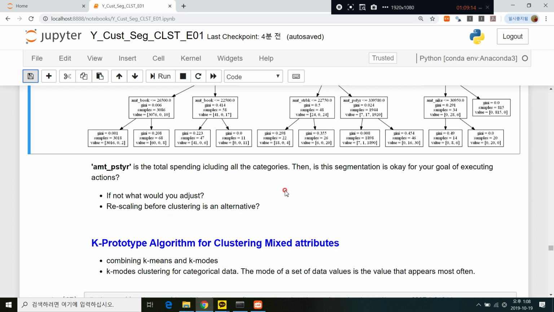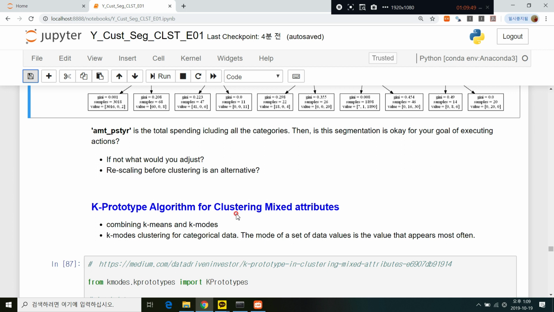Until here, we've been working for quite a long time, right? We've been working on customer segmentation, using a fictitious customer database. We analyzed in many different ways, checked visually, and applied a clustering algorithm, K-means, and another choice is the K-prototype algorithm, which combines K-means and K-modes.